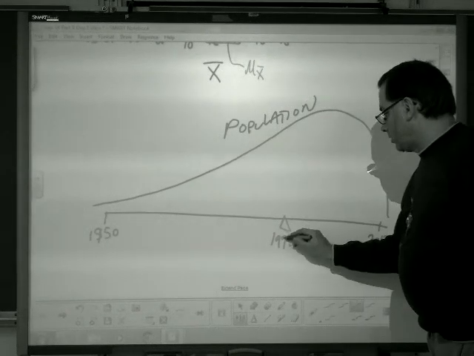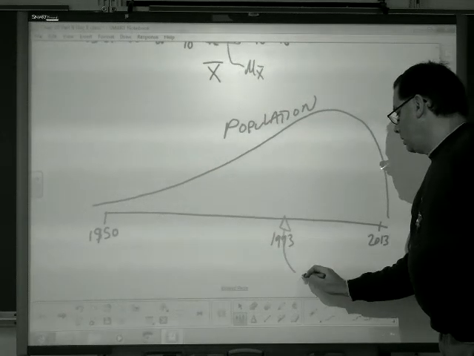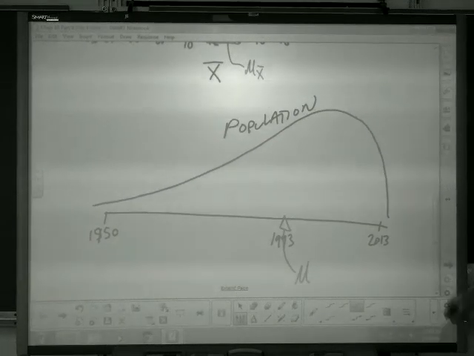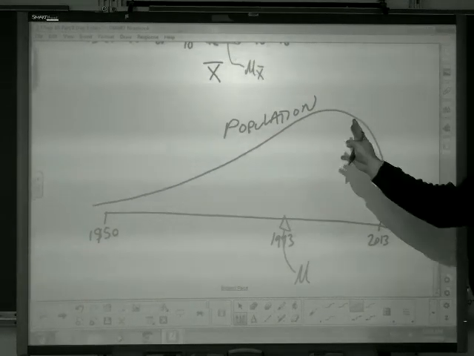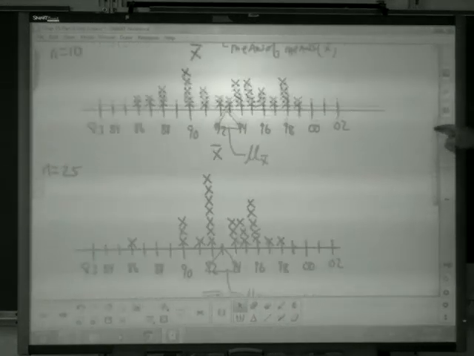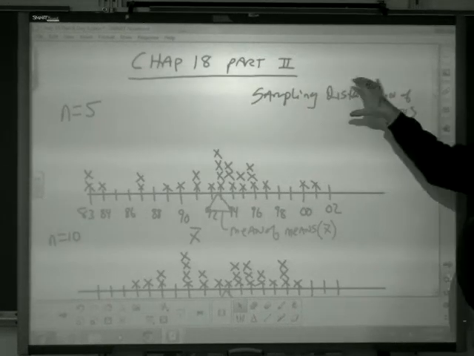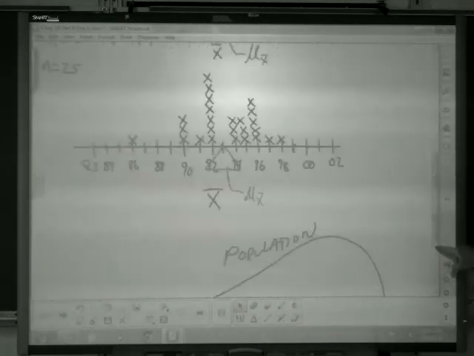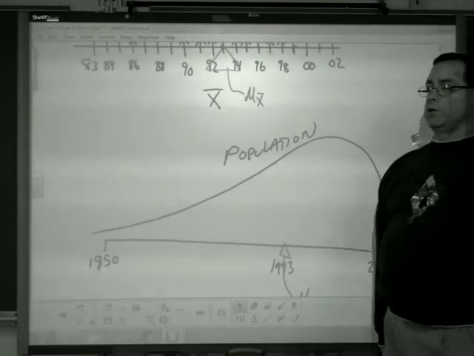Again, this green arrow would be the mu of the population, no matter what shape this population is. All right? So vocabulary-wise, we call this a distribution of means, and this is our distribution of our population.